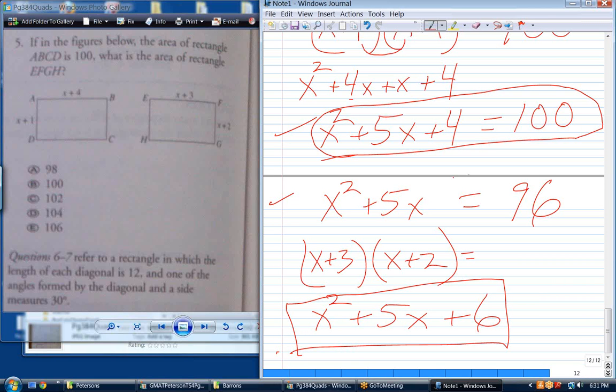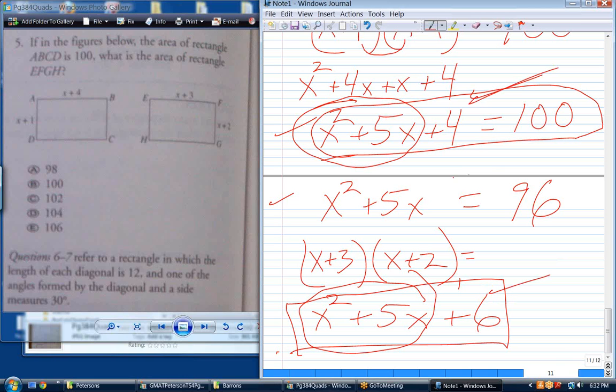Precisely 2 more, because the only difference between these two is the 6 versus the 4. The x squared and the 5x are common to both, so these two areas differ by only 2. This one is exactly 2 bigger than this one, so it has to be 102.